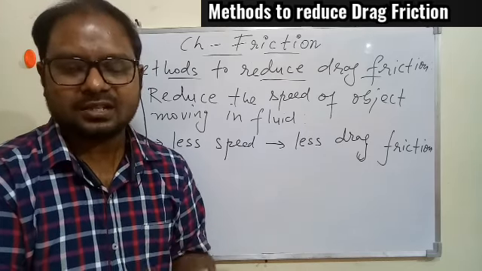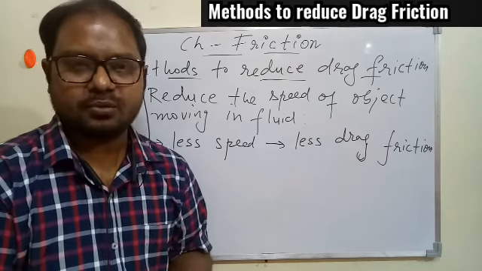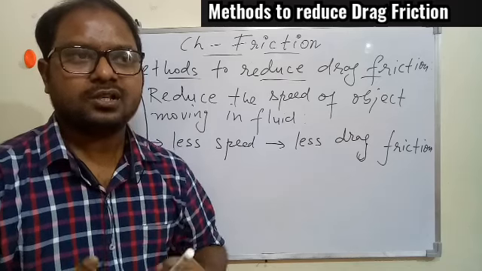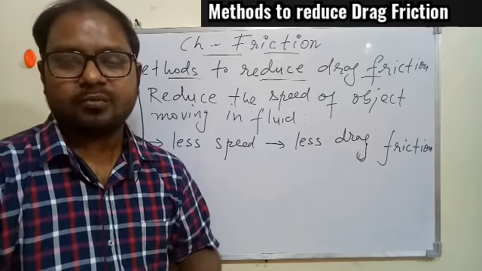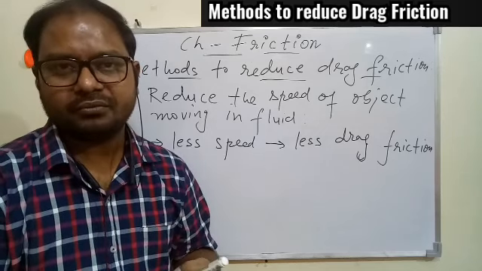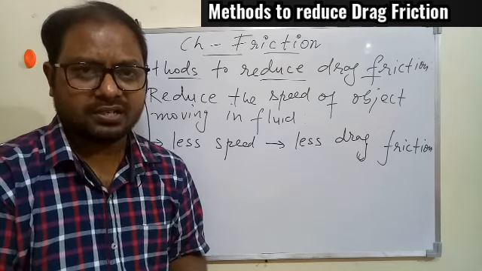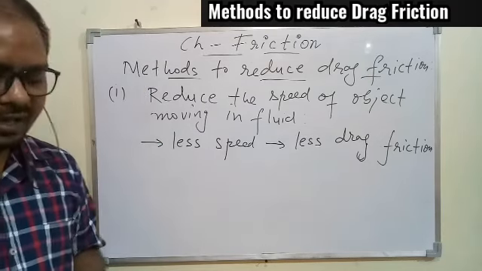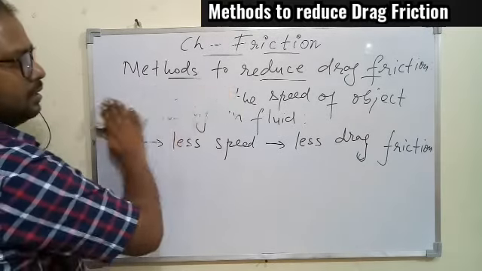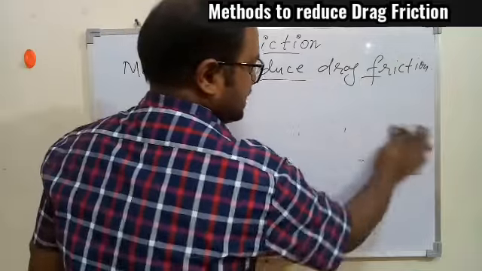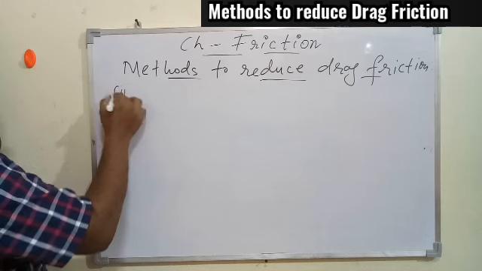But when you walk, you will have less drag and not find that much difficulty. Same thing if you are swimming in the water: the more the speed of your swimming, the more the difficulty, and very soon you will get tired. So you can reduce the speed and reduce the drag friction. So I hope you understood, less speed, less drag friction.